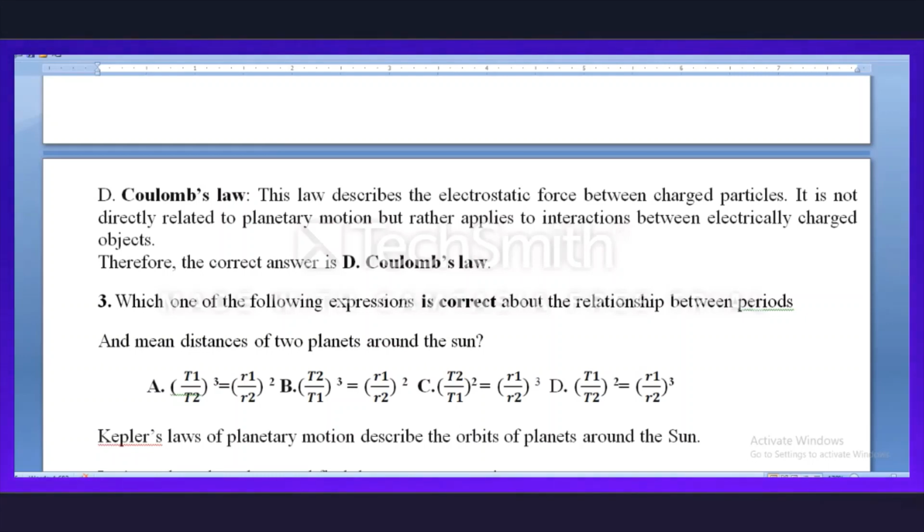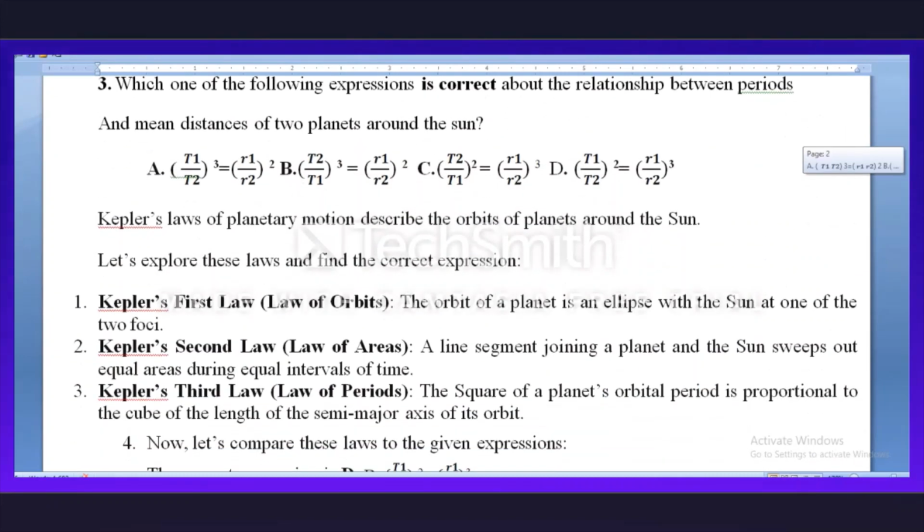The next question, question number 3. Which one of the following expressions is correct about the relationship between the periods and the mean distance of two planets around the sun? Choice A, (T1/T2)^3 equals (R1/R2)^2.